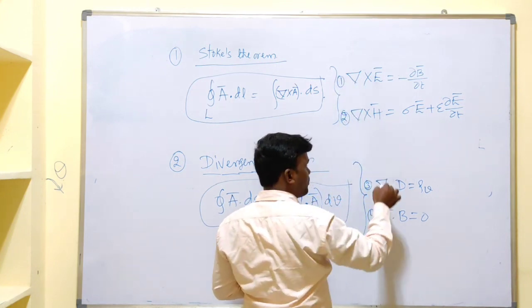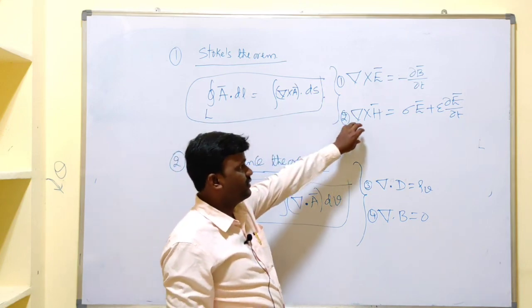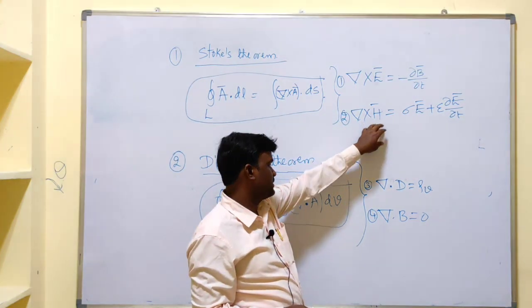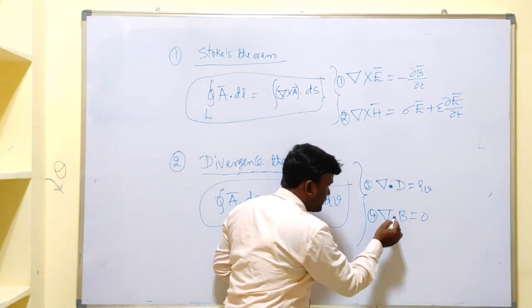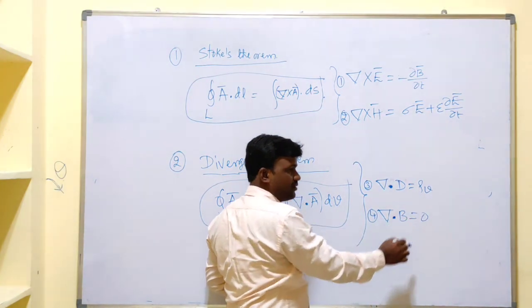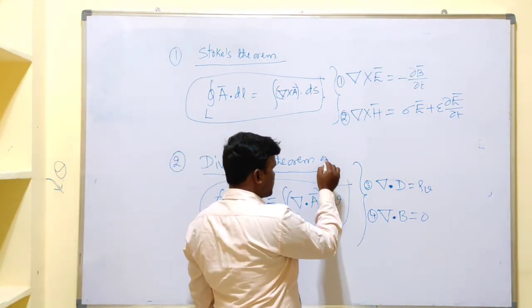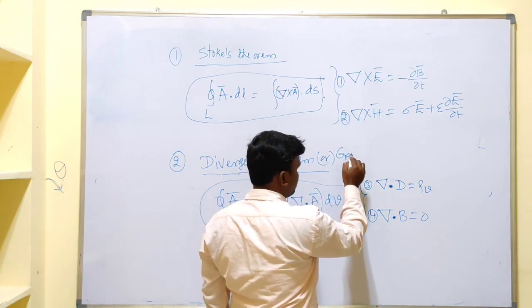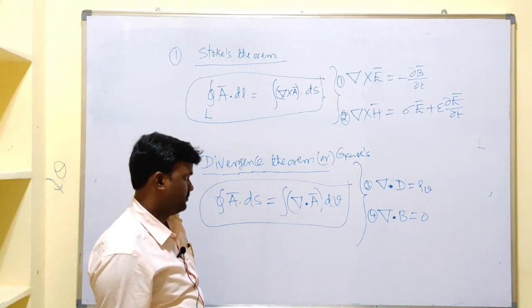So these are the four Maxwell's equations. By using Stokes theorem, we can derive these two Maxwell's equations, and by using the divergence theorem, del dot D equal to rho v, del dot B equal to 0. The divergence theorem is also called simply Gauss theorem or Gauss divergence theorem.